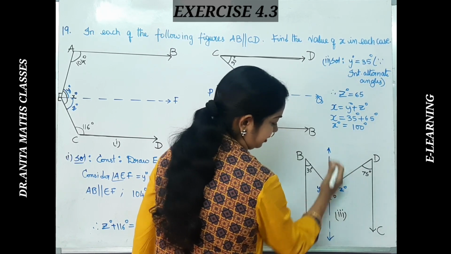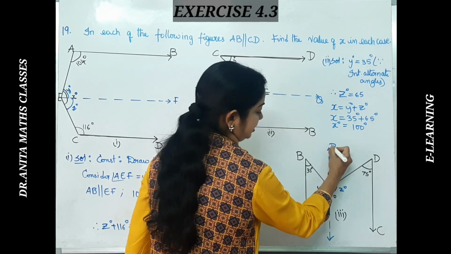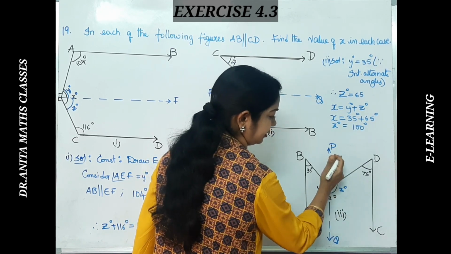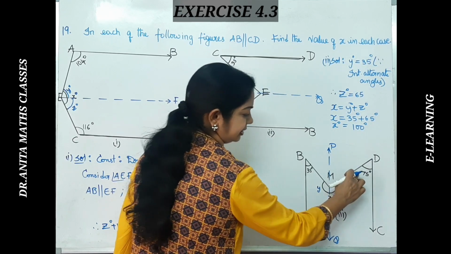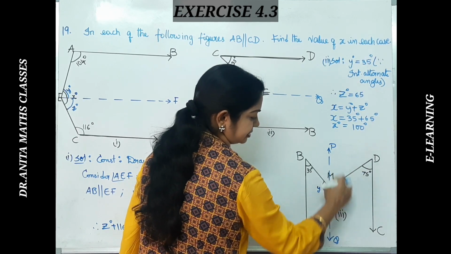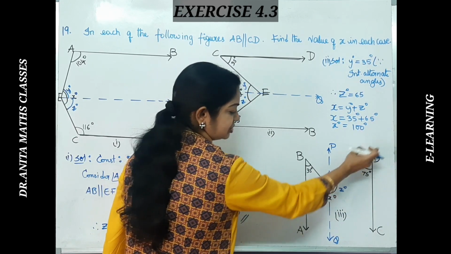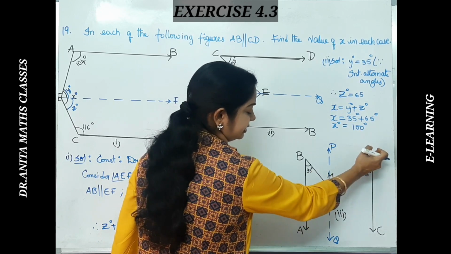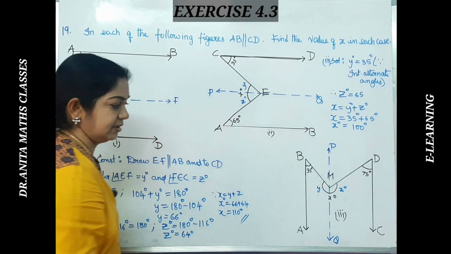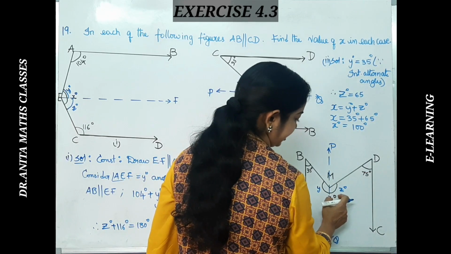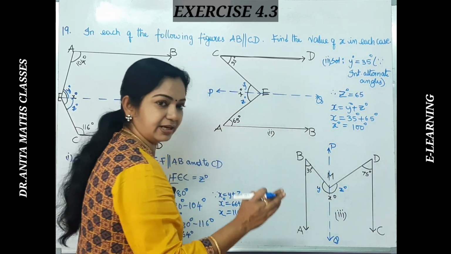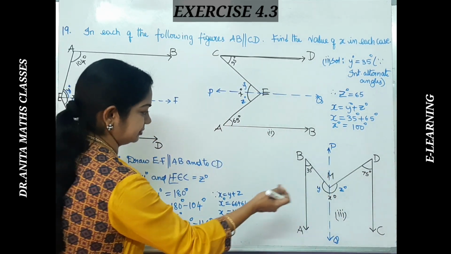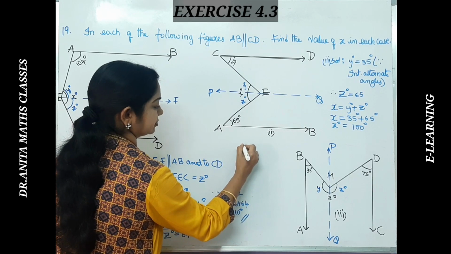Let me suppose this as the line PQ. PQ is parallel to CD, and DM is the transversal. Considering 75 and Z, these two are the interior angles on the same side of the transversal. Let me write here the third solution.